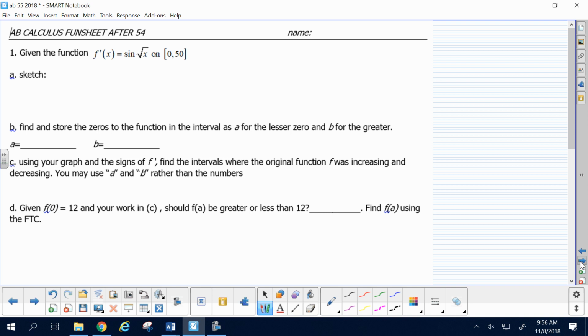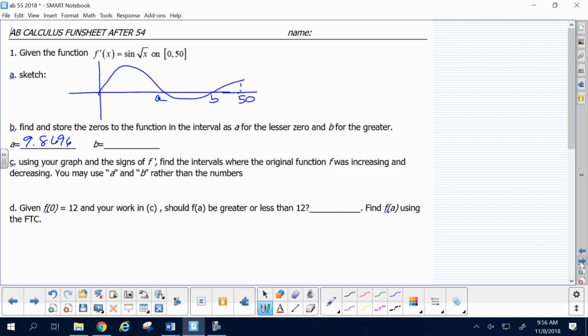Did you hopefully graph it and set your window to 50 so you got something like this? Okay, it said label the left 0 A and the right 0 B. Mission accomplished? Okay, the left A was 9.8696.